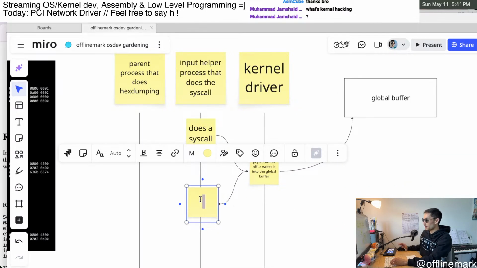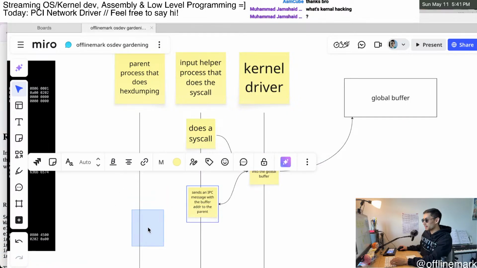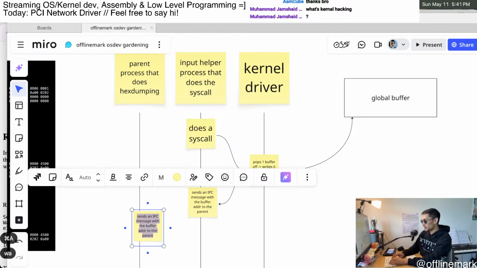So now the input process returns, and it sends an IPC message with the buffer adder to the parent. And then the parent wakes up, hex dumps the global buffer.